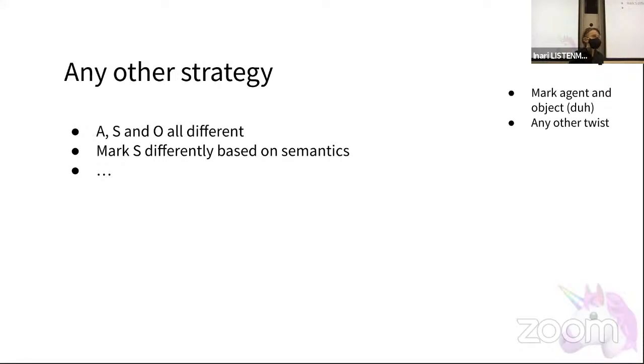That's an option, but as far as I know, no language is doing that fully. There can be some language that does it for one pronoun in very specific circumstances, but as far as I know, there is no language that does this consistently for everything.